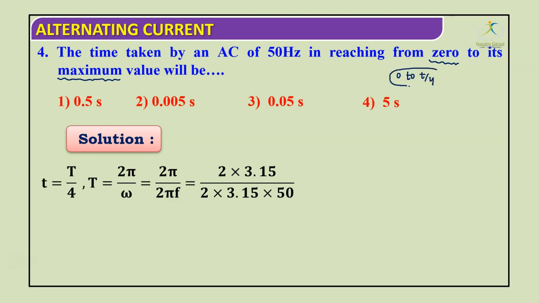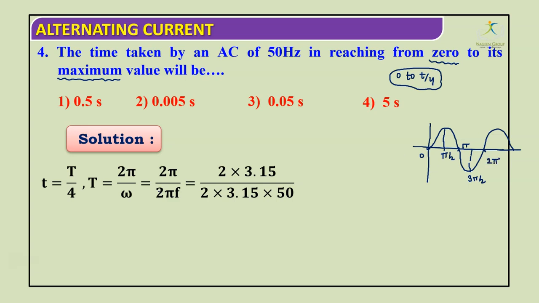This is the value where the current starts from 0 to maximum. Taking it in terms of phi, this will be 0, pi by 2, pi, 3 pi by 2, and 2 pi.